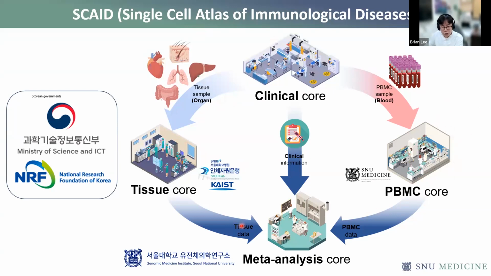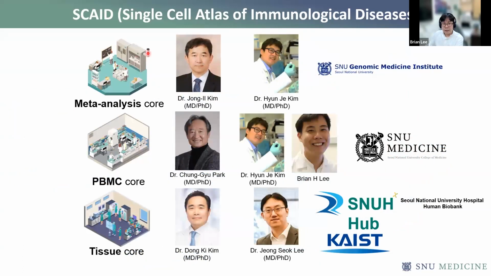These will then all be transferred into the meta-analysis core here at the Genomic Medicine Institute, SMU, also with clinical information from the clinical core, and that will all be aggregated here, while we're performing meta-analysis across all of these different diseases. And so the meta-analysis core is being led by Dr. Jong Kim, the director of the Genomic Medicine Institute, the PBMC core by Dr. Jong Park and Dr. Hyunjae Kim, and then the tissue core by Dr. Dong-gi Kim and Dr. Jung Seok Lee.